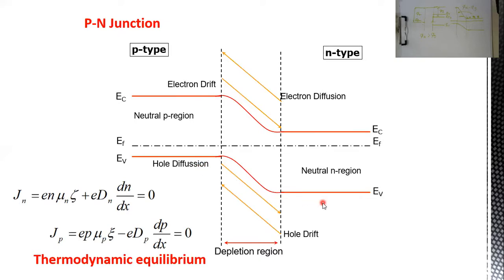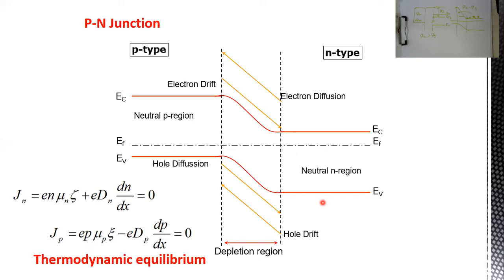So p-n junctions are what we can call a bidirectional or a bipolar junction. A bipolar junction means that these junctions create an electrical current due to the motion of electrons as well as due to the motion of holes.